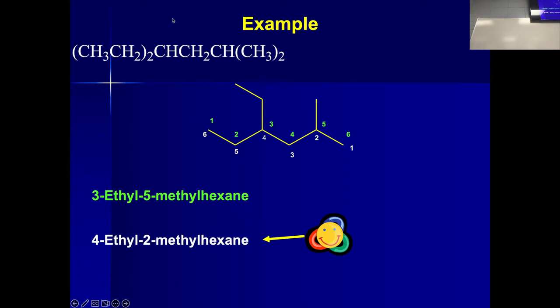They'll look at this and go, wait, 4-ethyl, that can't be right. 3 comes before 4. Remember, it's the first substituent that you come to, not where it's at in the name. So on this one, the first substituent comes at carbon number 2. Here it comes at carbon number 3, even though when I name it, it looks like 3 comes before 4. So always keep that in mind.